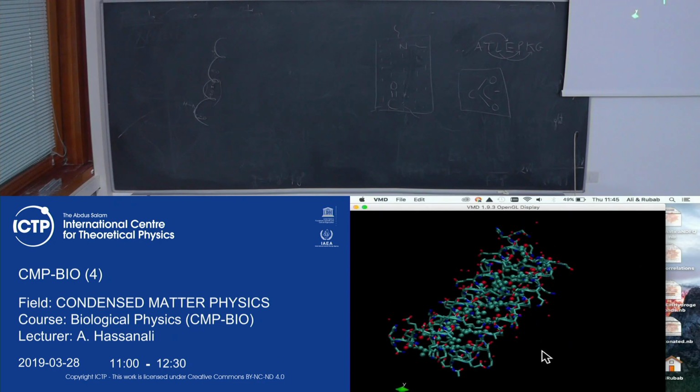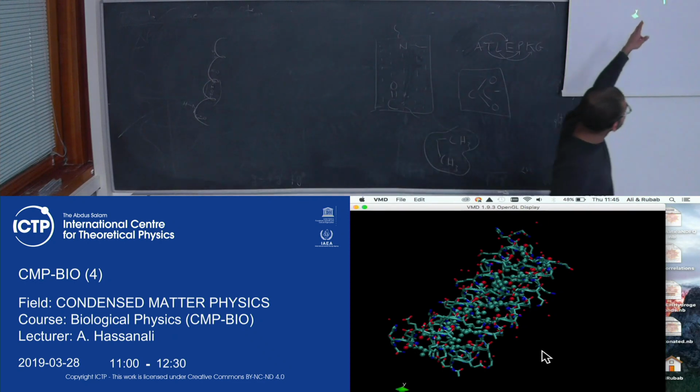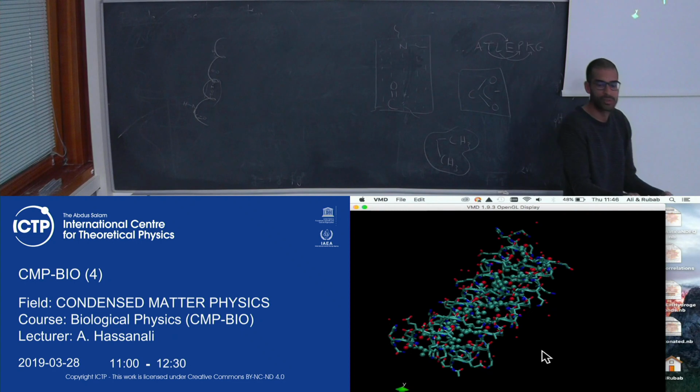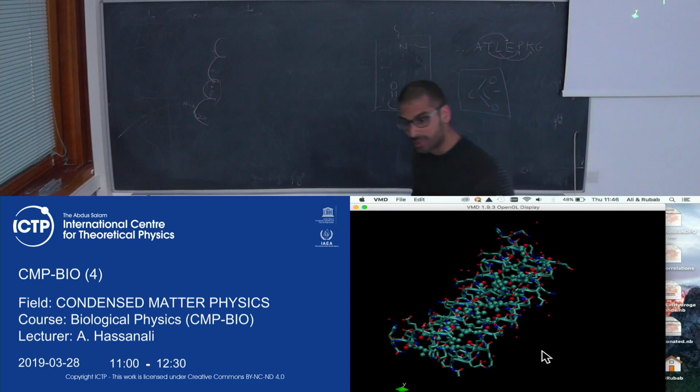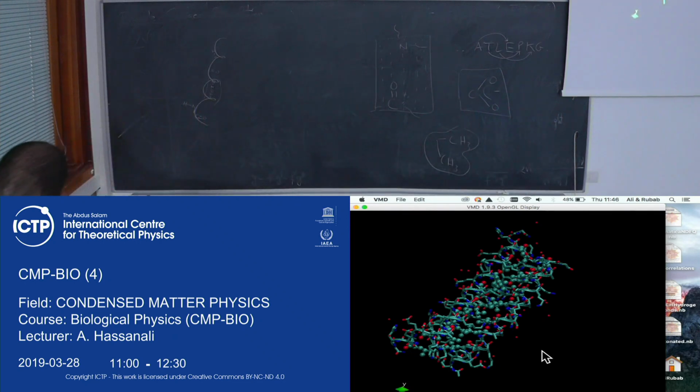This is leucine. Leucine has oily methane kind of stuff that hates water. It's hydrocarbon. What does biology do? It puts them all together in the center so all the oily stuff sticks together. Why? Because if you put these guys outside, there'll be an energetic penalty.